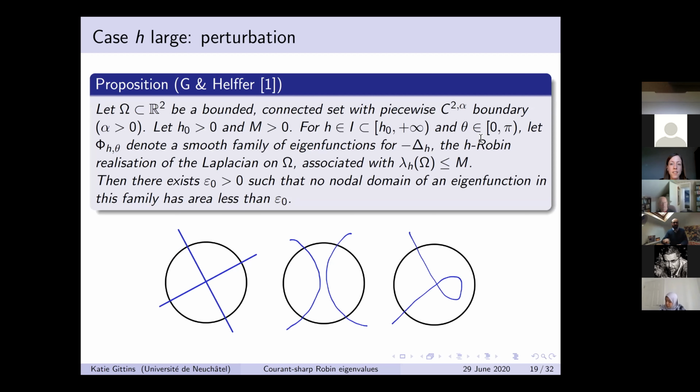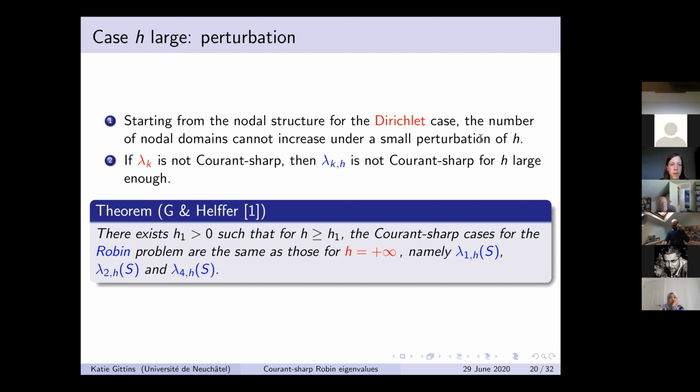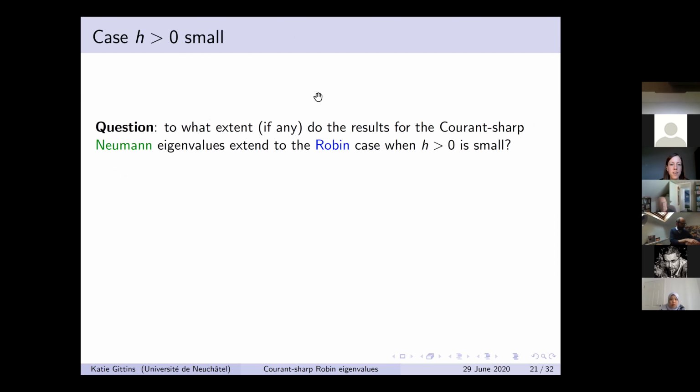All right, so that tells us something for the large h case. Let me say something now about small h. If you remember, h equals 0 was Neumann, and there we had 5 Courant-sharp eigenvalues. Now we're interested in the extent to which it's possible to extend the Neumann results to the Robin case when h is small.